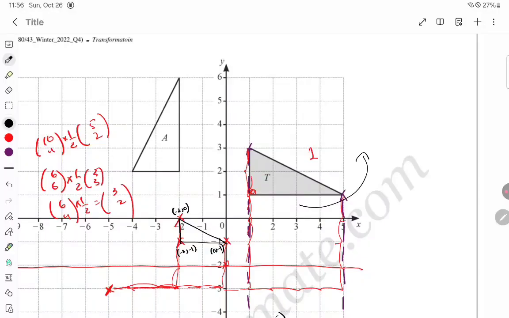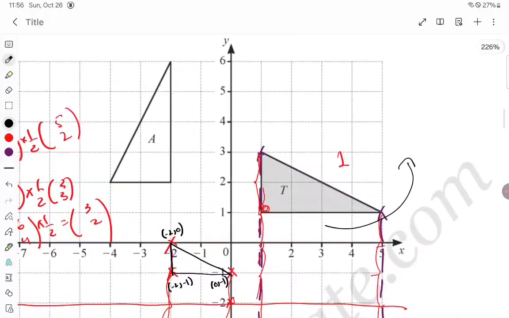In order to mark the center, since it is a 90-degree rotation, we have to calculate the perpendicular bisector. First, join the lines.